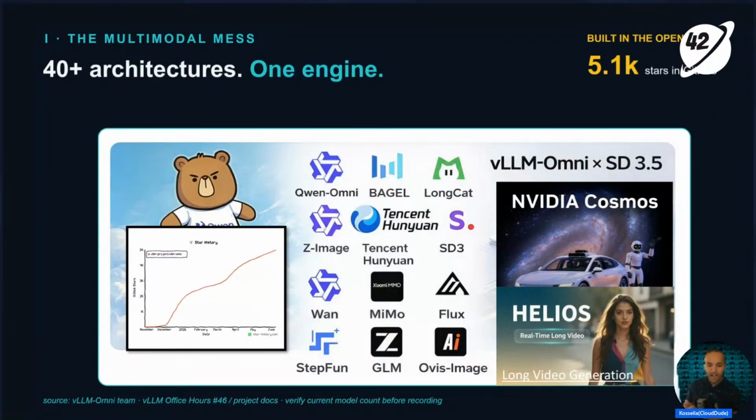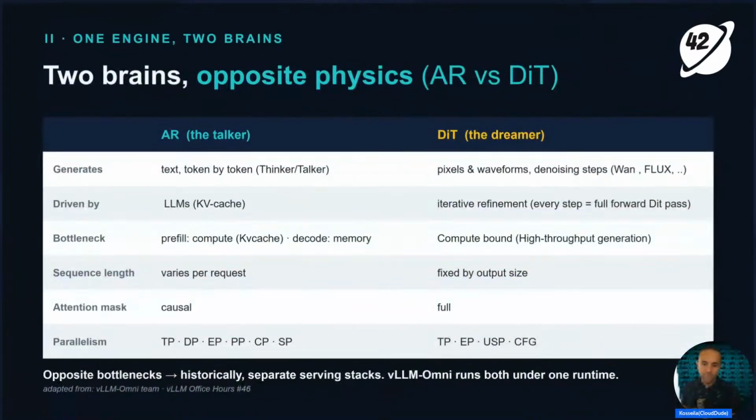But let's step back a minute and compare the AR and diffusion one more time. All right, so let me walk through the difference between the two brains, AR and diffusion. On the left side, we have the autoregressive brain, the AR model. We can call it Talker, for example.